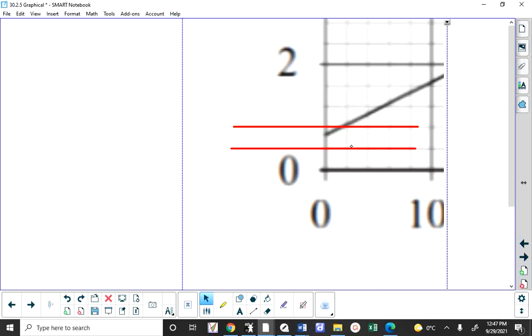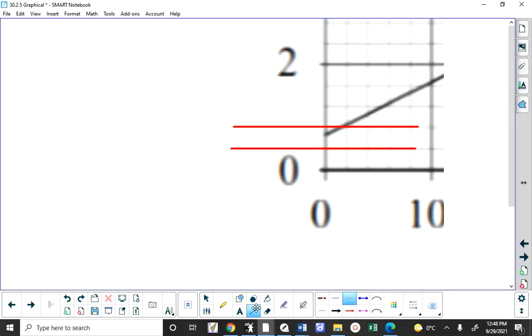So that bottom red line is 0.4, the top one is 0.8. So 0.6 would be halfway in between. I'm not just being picky for the sake of being picky. I really want to make a point.